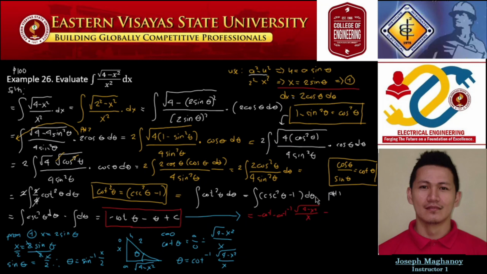What theta are you going to use? Of course, you're going to use theta from sine, since we derived theta from equation 1. Okay? So minus sine arc sine x over 2. Then r plus c.